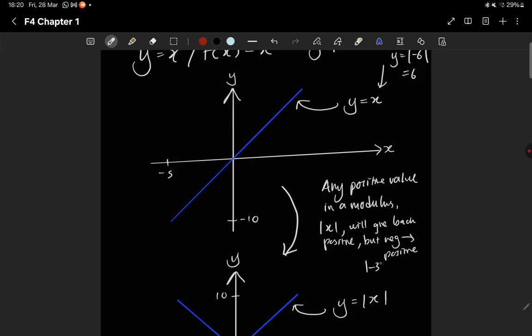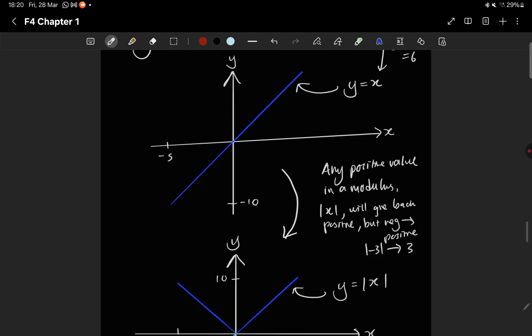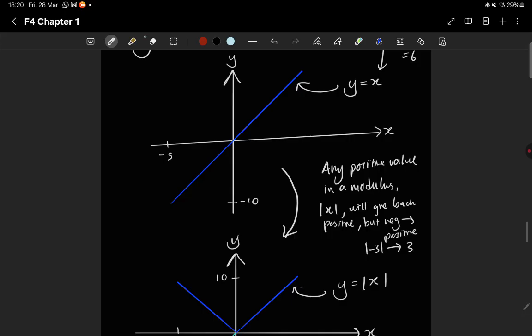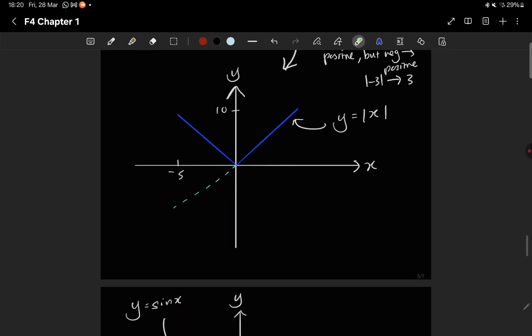For example, -3 will become 3. And for this example over here, if I were to modulate this graph, I just put a modulus over here, and every corresponding negative x value would convert to a positive value. So that's what you can see happen over here.